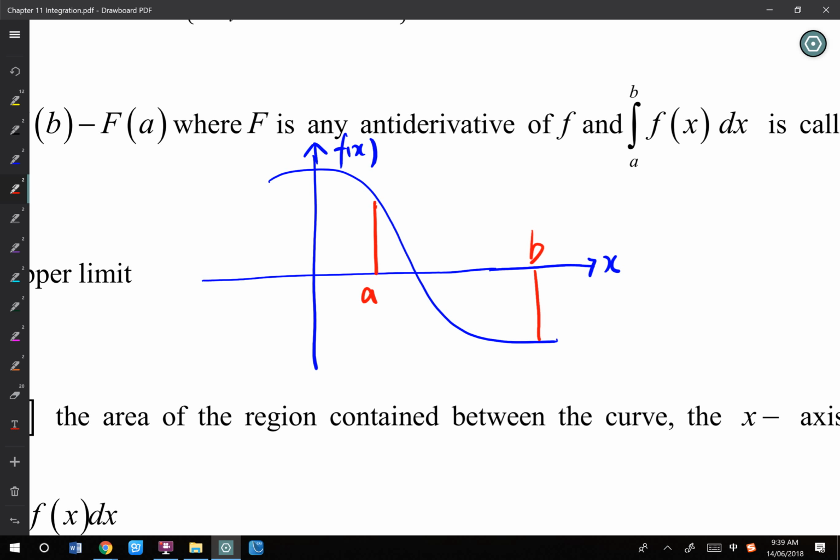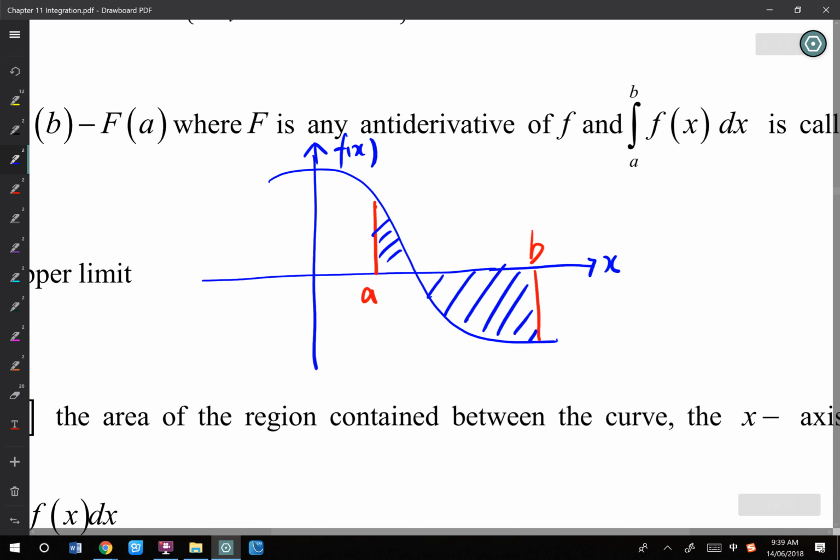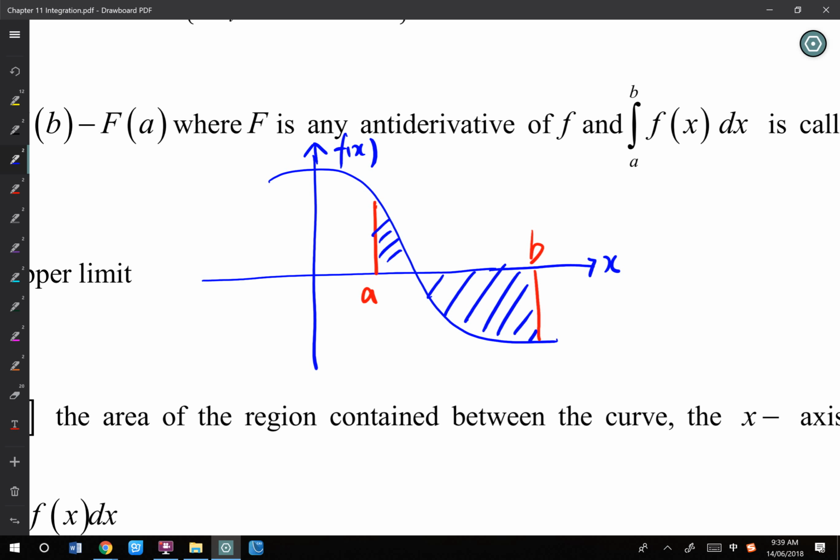So the area I'm talking about is this area. Rather than say under the curve, I would say it's the area bound between the curve and the x-axis. So it will be that area.